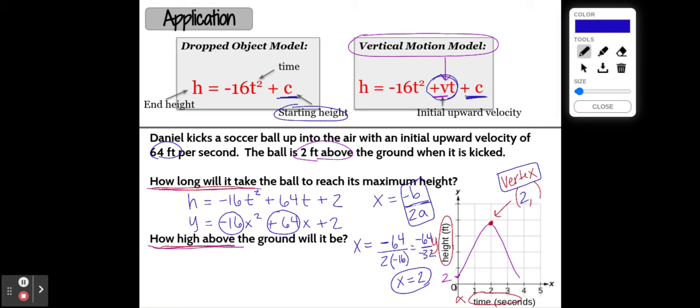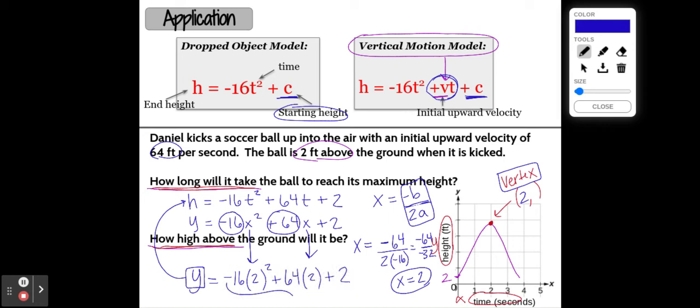So remember, we're going to be plugging in 2 everywhere where we see x into the quadratic equation so we can find y. And remember, y is referring to the height because that's what's on the y-axis. So we've got negative 16 times 2 squared plus 64 times 2 plus 2.